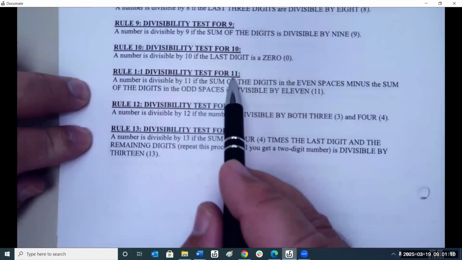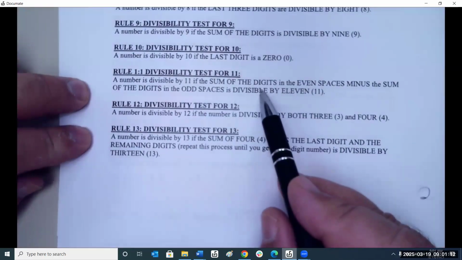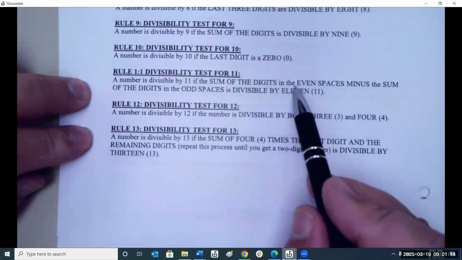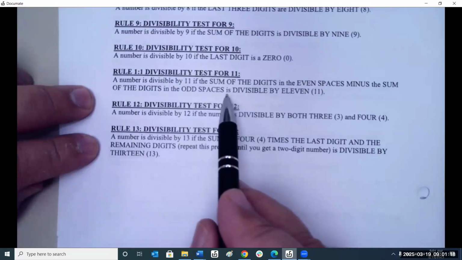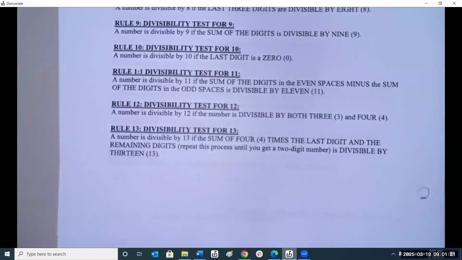It's divisible by 11 if the sum of the digits in the even spaces minus the sum of the digits in the odd spaces is divisible by 11.